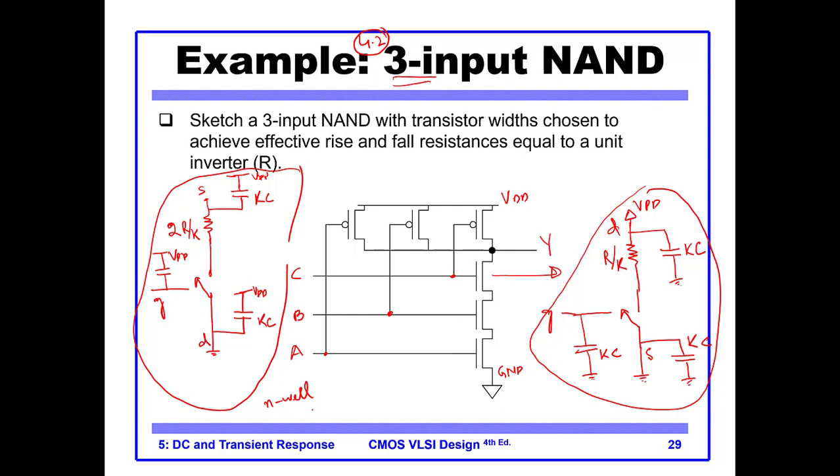You remember how the PMOS are manufactured. They are manufactured inside the N-well. So the N-well terminal is connected to VDD. That's the reason that all the capacitors are connected to the VDD. So these are our two models.